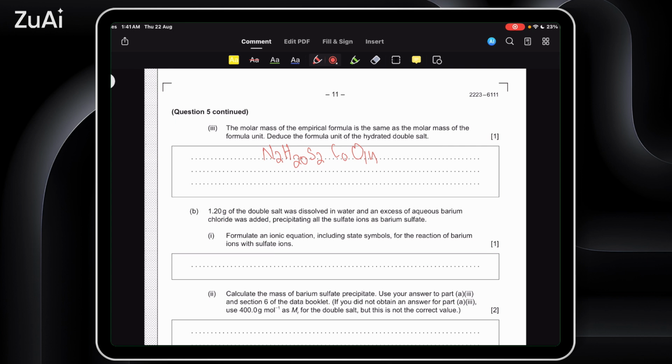So it should be ammonium ion 2 times and then sulfate. So it should be ammonium sulfate.